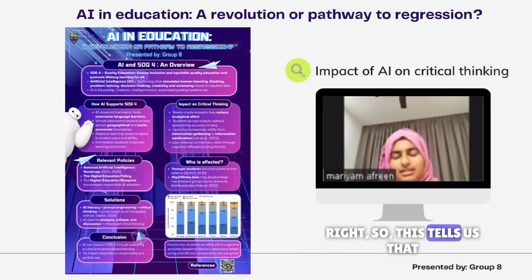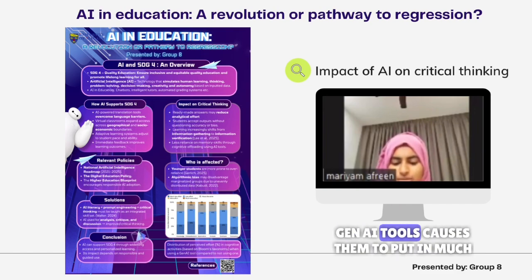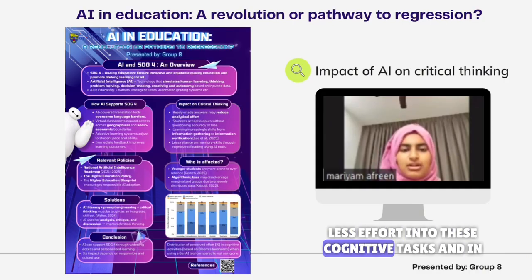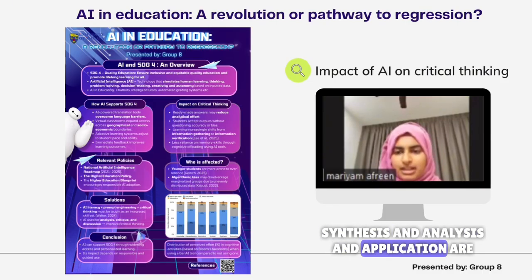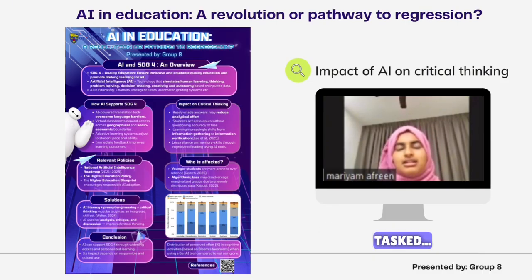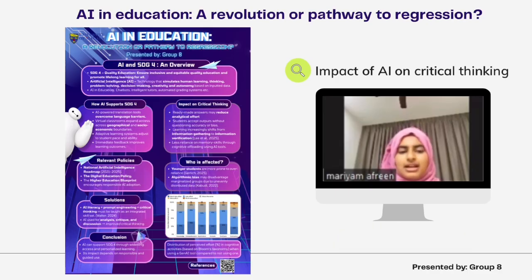So this tells us that a very large number of people are finding that using Gen AI tools causes them to put in much less effort into these cognitive tasks. And in particular, comprehension and synthesis and analysis and application are tasks very highly associated with critical thinking.